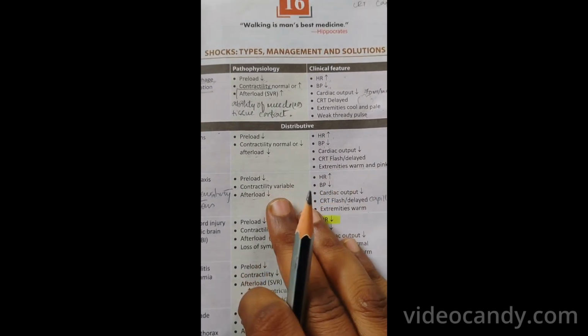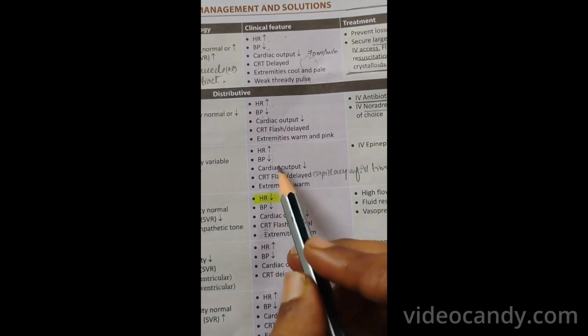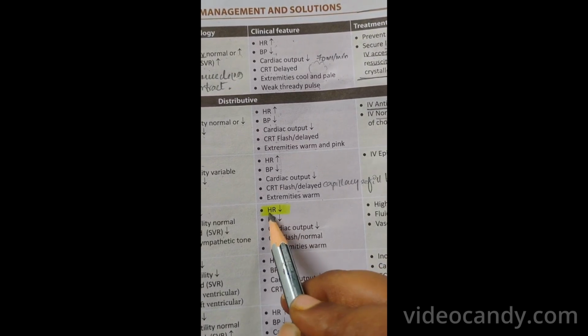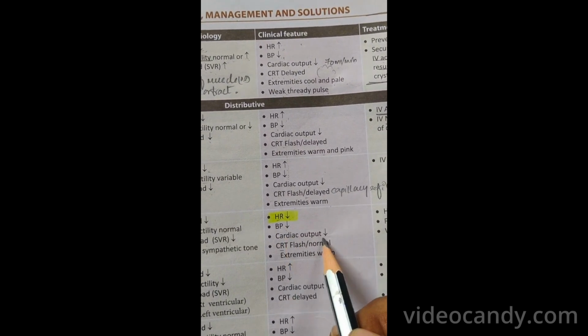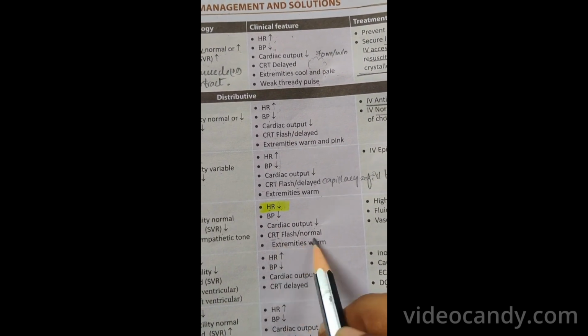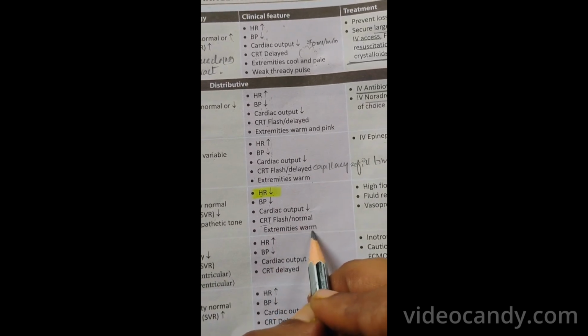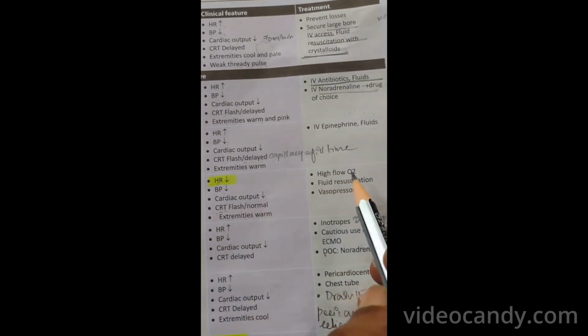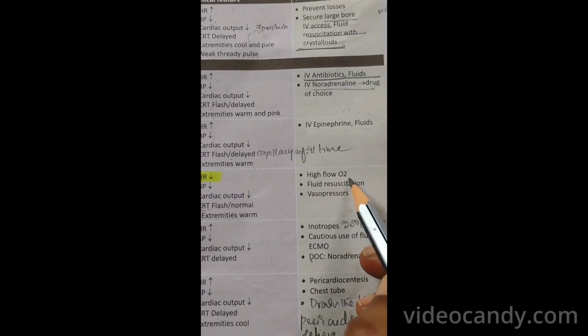Symptoms: heart rate decreases, BP decreases, cardiac output decreases, normal CRT, and warm extremities. The treatment for neurogenic shock is high flow oxygen, fluid resuscitation, and vasopressors.